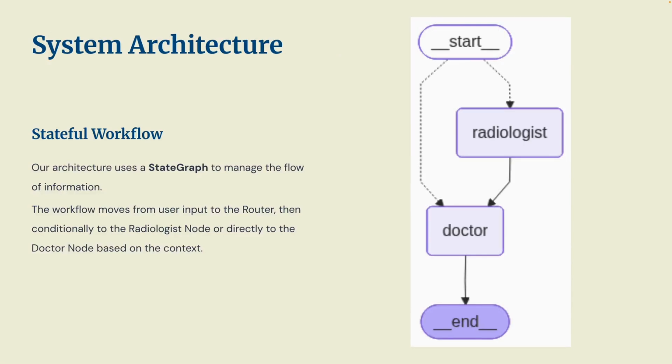Our architecture uses a stateful graph to manage the flow of information. As the graph shows here, it will conditionally move from the user input to the radiologist node or directly to the doctor node based on the context.